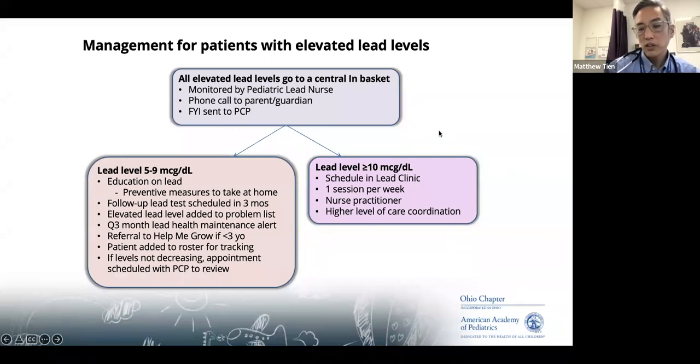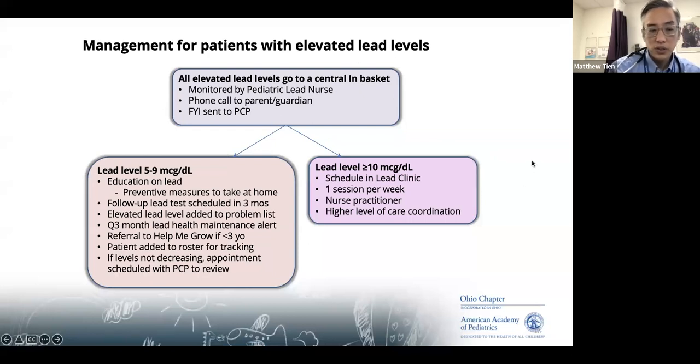For the patients with a lead level of 5 to 9, and I think maybe Dr. Newman can address this later, about the recent CDC lowering of the reference level for lead down to 3.5.